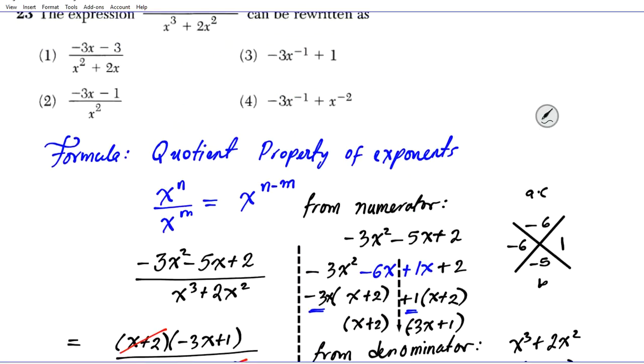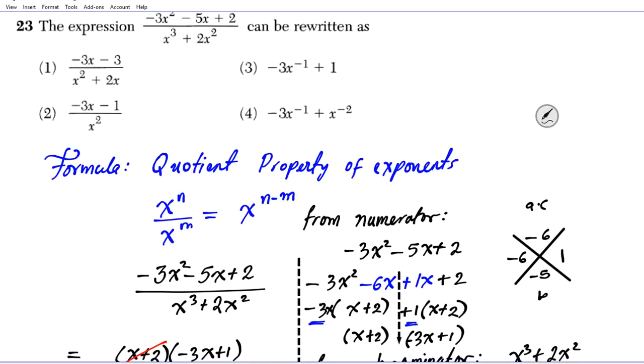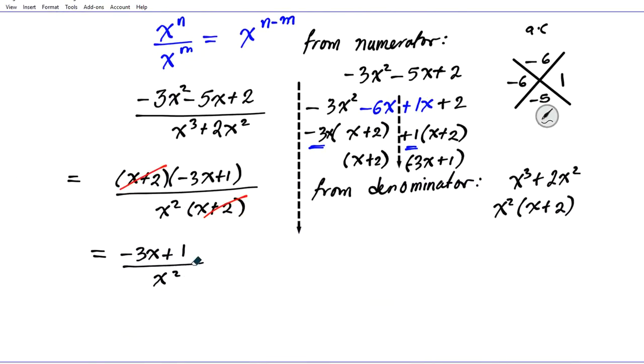Okay, if you take a look at the options that you have, we don't have a match yet, so we gotta simplify further. So we're gonna break this up and express it as negative 3x divided by x squared plus 1 divided by x squared. Okay, remember, if you have two fractions with identical denominators, you can combine the numerators, keeping the denominators the same. So we're doing the reversal of that. Okay, keeping the denominators the same and splitting up the numerator. Now we're going to apply the quotient property of exponents that we discussed earlier.